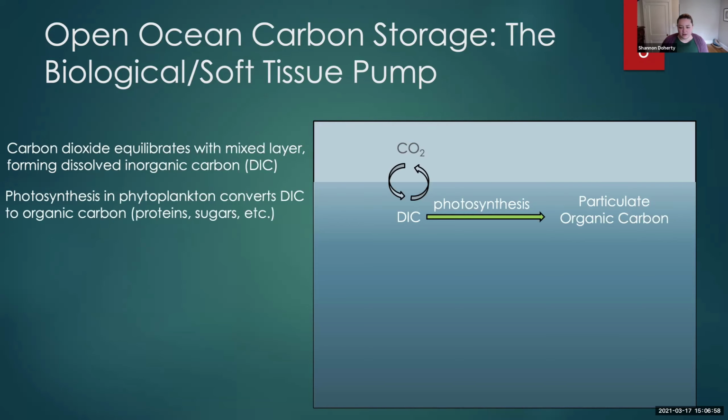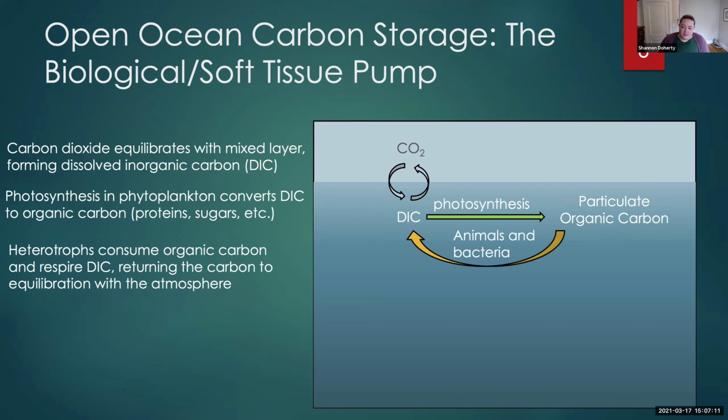This dissolved inorganic carbon is fixed by photosynthesis, which is done in phytoplankton, and it converts dissolved inorganic carbon to particulate organic carbon, which is proteins and sugars and everything that makes up life. Then this particulate organic carbon is consumed by animals and bacteria and respired as dissolved inorganic carbon. And then this dissolved inorganic carbon is back into equilibration with the atmosphere. And this is the ultimate fate of all particulate organic carbon.